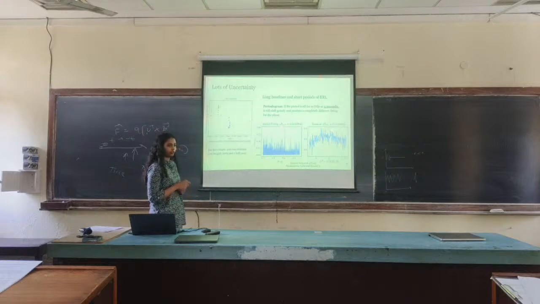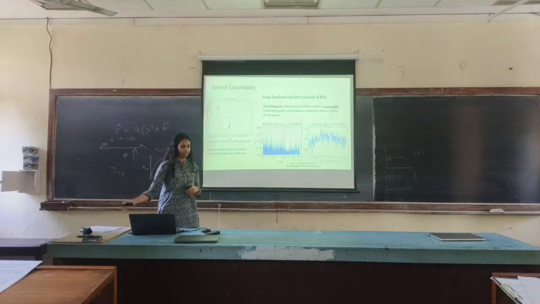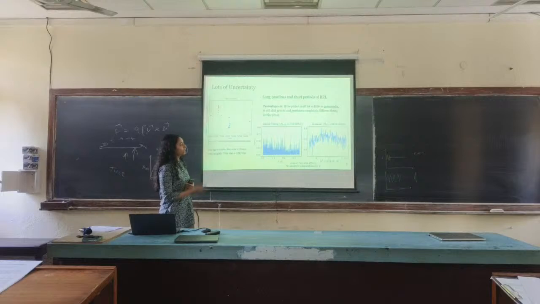A peak means it has a higher score, which means it's a better fit for the light curve. But even when you zoom in on the peak, you see that it's very irregular. Even if the period is off by as little as 2 seconds, the algorithm would give out a completely different fitting for that period.